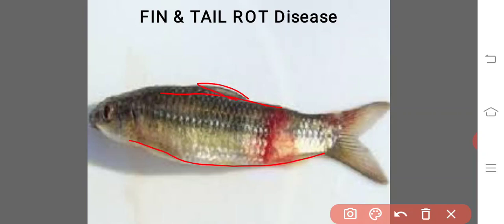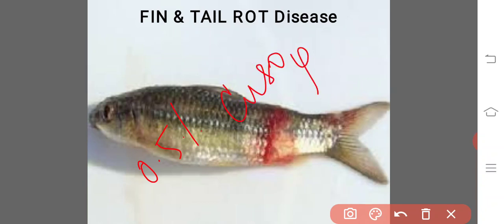Fin and tail rot are associated with poor sanitary conditions in fish ponds and with water pollution. The control measures are to be taken. In the early stage, the fishes are kept in 0.5% copper sulfate for 2 minutes.